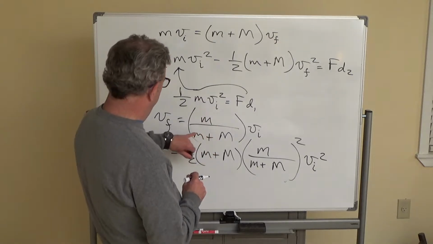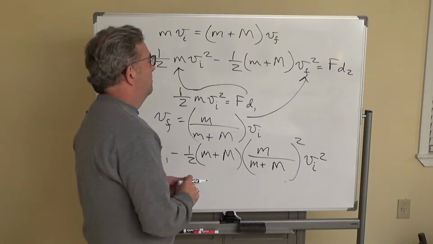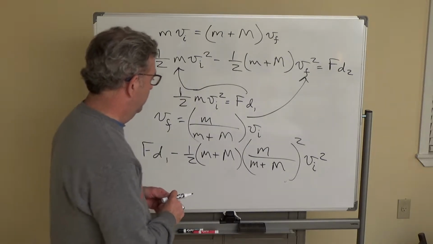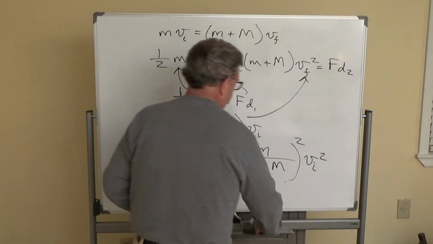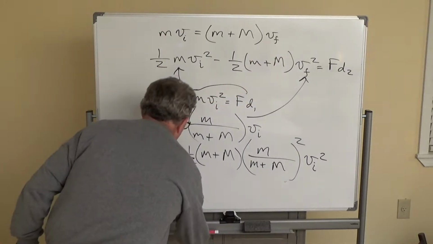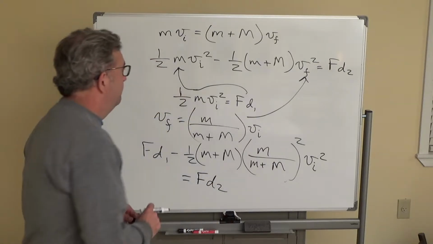That's substituting in V final up here. Okay? All of this is equal to F D2, from here.